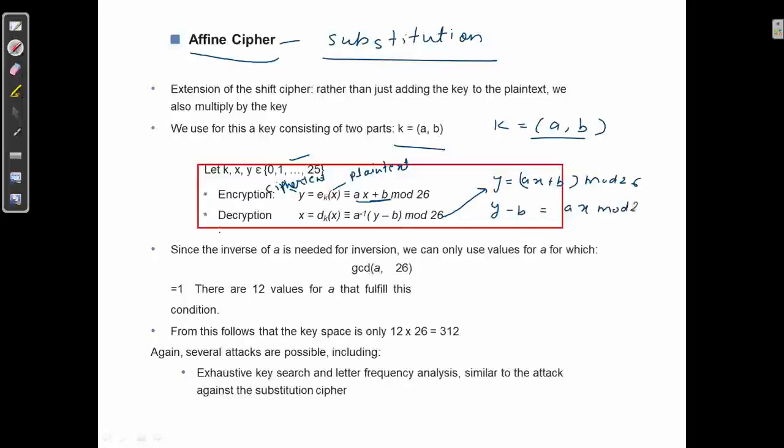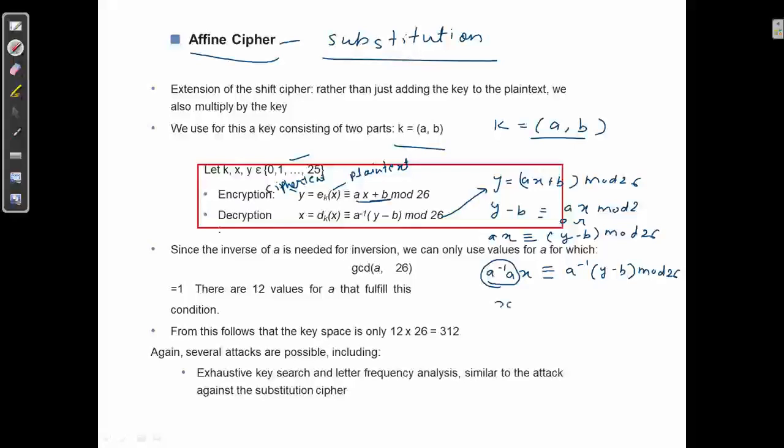Or we can say that ax is congruent to y minus b mod 26. So if we multiply both sides with a inverse, we will be getting a inverse ax is congruent to a inverse (y minus b) mod 26. And because this is a mod 26 operation, a inverse times a is going to be 1.